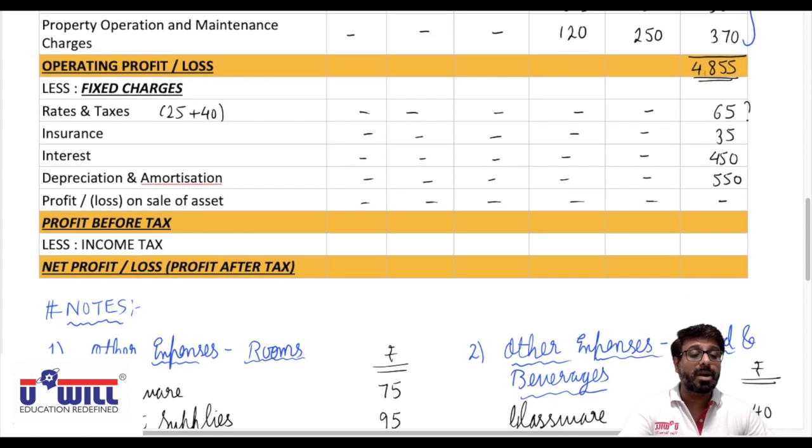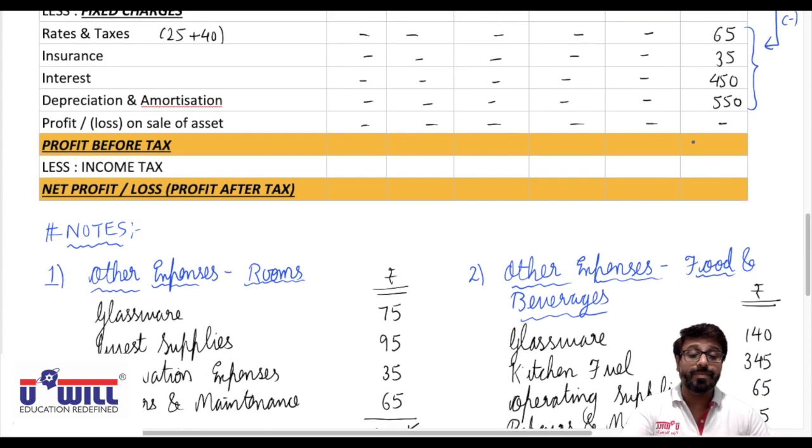Now all these amounts you will minus from 4855. Do 4855 minus 65 minus 35 minus 450 minus 550. That comes to 3755.